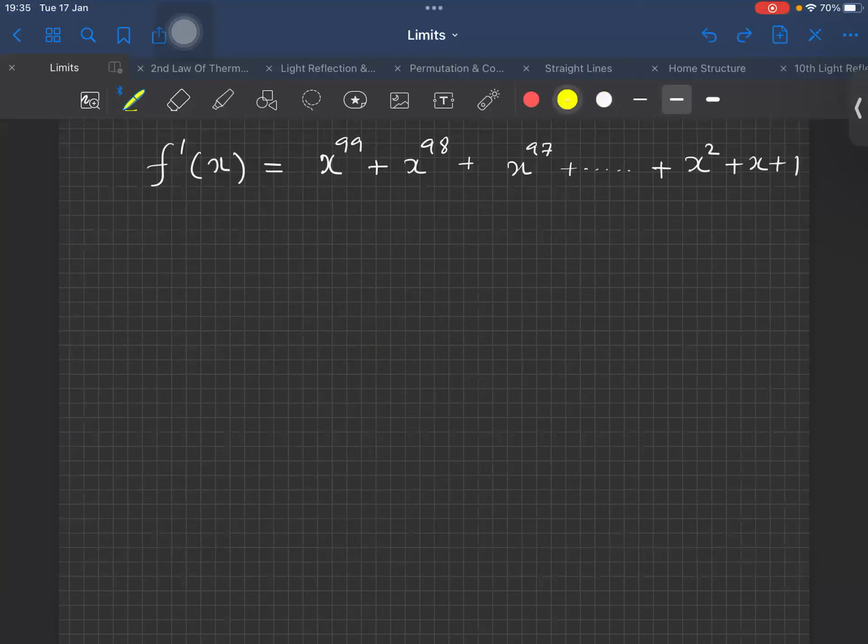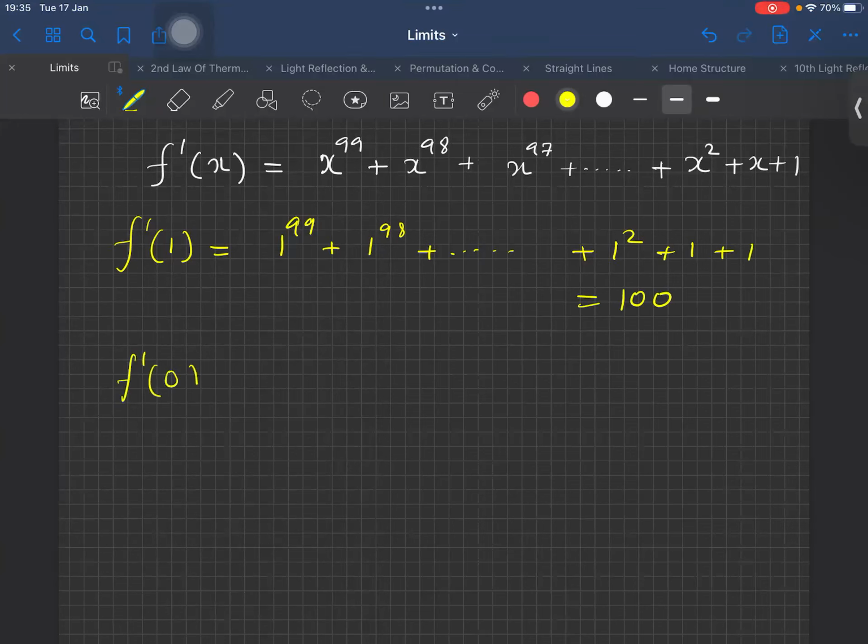Now let's find f'(1). Substitute x equal to 1. So 1 to the power of 99 plus 1 to the power of 98 up to 1 square plus 1 plus 1. This will be equal to 100. Now f'(0): 0 to the power of 99 plus 0 to the power of 98 plus 0 square plus 0 plus 1.